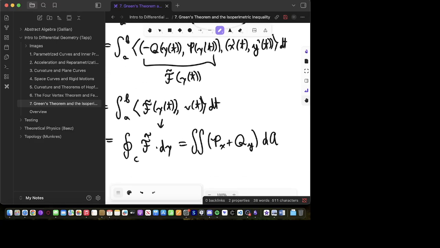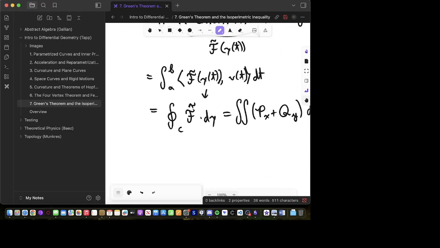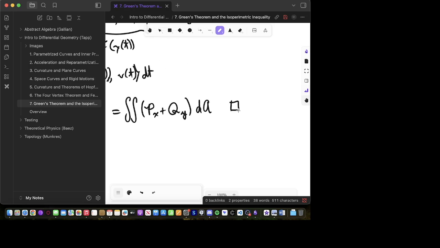And therefore, the flux version of Green's theorem has been proven.